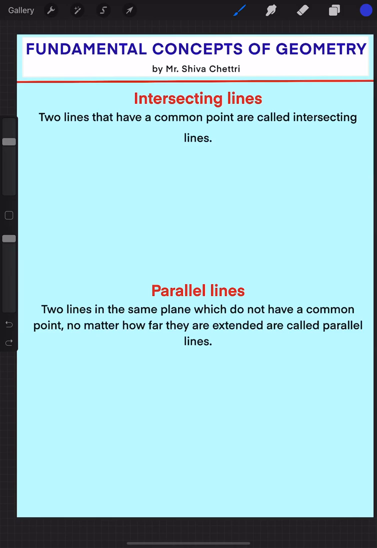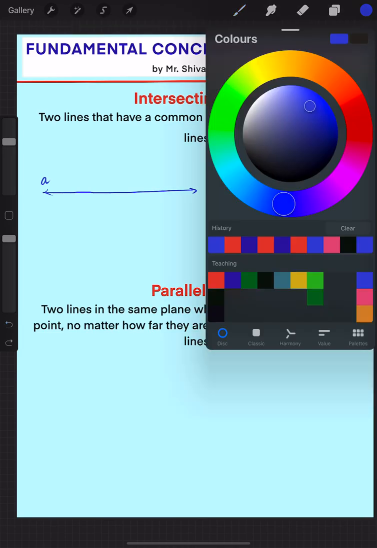Let us see. Suppose I have one line, we can just take a line. Suppose this line is L, or anything, you can give any name for this. Suppose there is one line called A, and there is another line called B which is crossing this line. Let me do it with different colors.